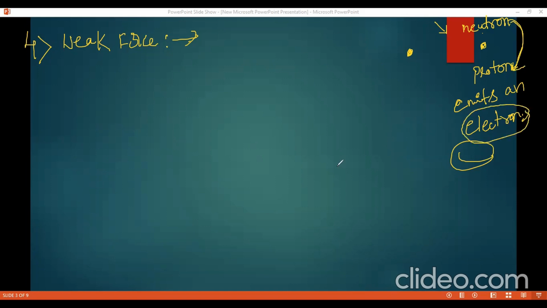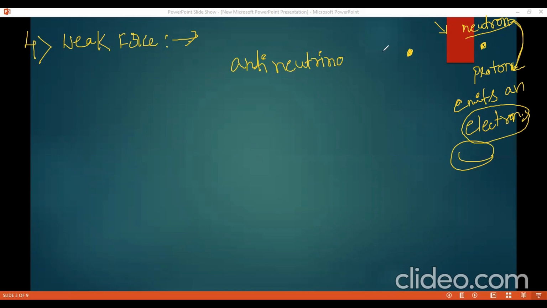The new particle is called an anti-neutrino. What is that? Why is it called an anti-neutrino? Because it is opposite to the neutron, right? The neutron is converting to a proton, emitting an electron, and the new particle is called an anti-neutrino.